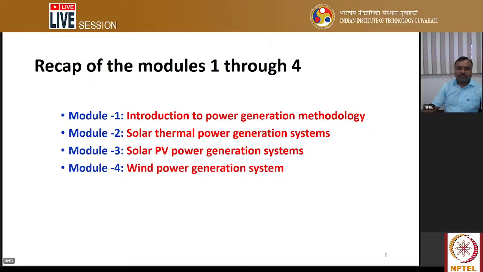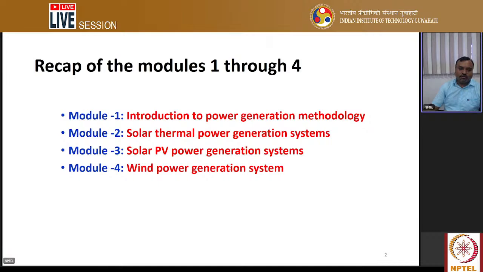Also, we have demonstrated how a grid connected PV plant is designed. Also, we have touched some of the important aspects of DPR preparation, like detailed project report preparation for a solar power plant design.